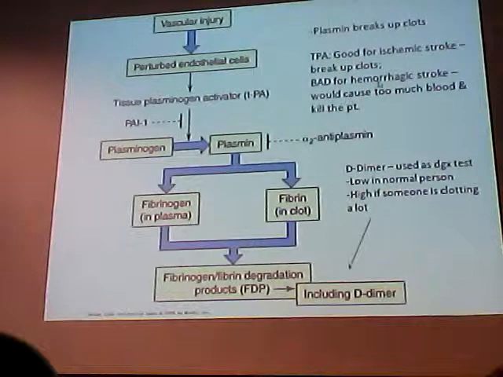But if you have a hemorrhagic stroke, which is too much bleeding, and you break up any clots that would have been formed to stop that bleeding, then you would cause more harm to the patient. So TPA, this tissue plasminogen activator, converts inactive plasminogen into the active form, plasmin. So TPA works for ischemic strokes, but not for hemorrhagic strokes.